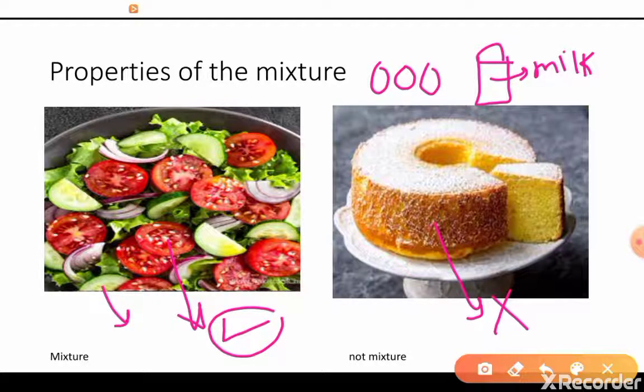Why? Number one, in the vegetable salad, can I separate a piece of tomato? Yes. In the cake, can I take one egg? No. So the vegetable salad is a mixture, but the cake is not. Why? Because in the salad the components can be separated, I can take them out, but in the cake I can't separate the components from it. Okay?